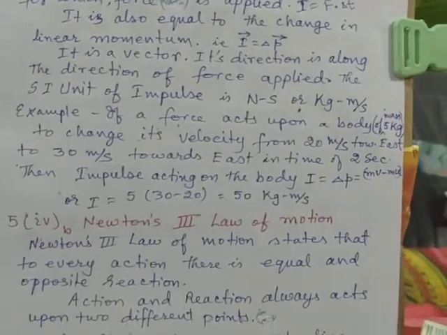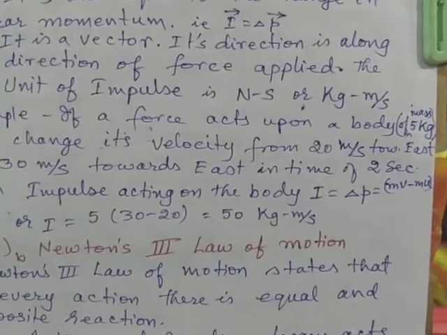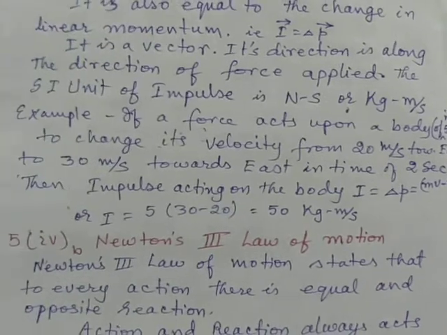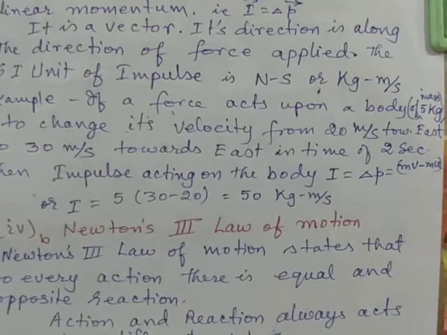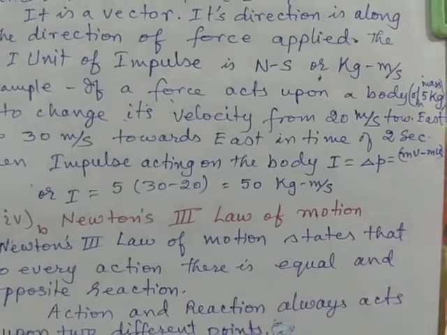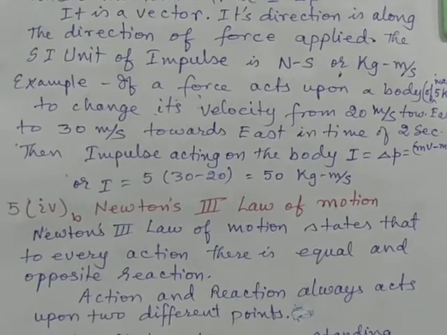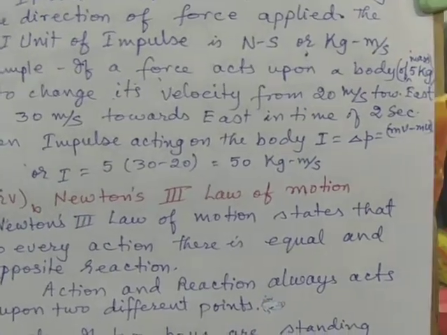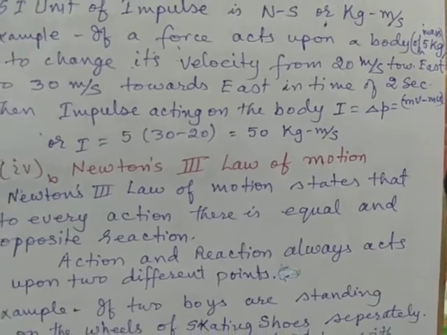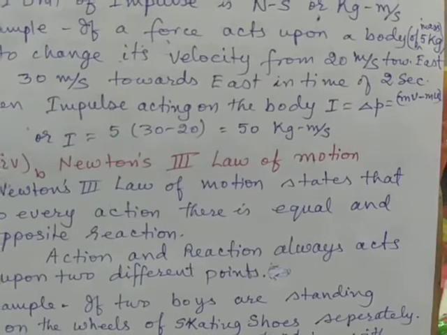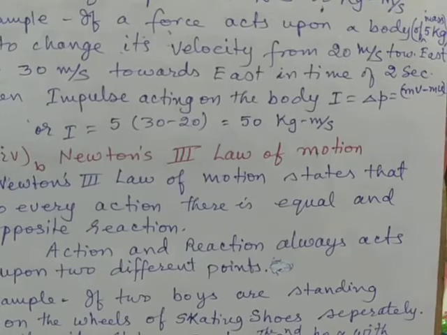So for example, if we have a mass of 5 kg moving along the east direction with a velocity of 20 meter per second, and it changes its velocity to 30 meter per second towards east in 2 seconds time, then the impulse will be equal to change in momentum, and that is 5 into 30 minus 20 becomes 50 kg meter per second.